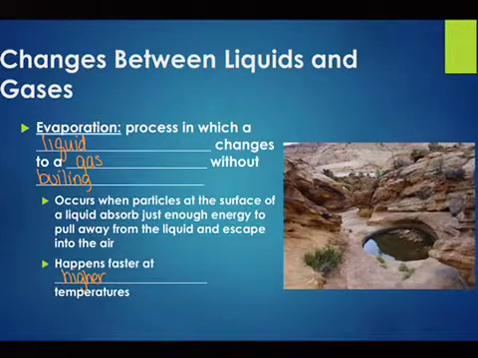The important thing to notice here is that this occurs at the surface of a liquid. The water molecules in the middle of this pond, deep down, 2 feet under, are not going to evaporate. Only the water molecules that you can actually see at the surface are going to evaporate.